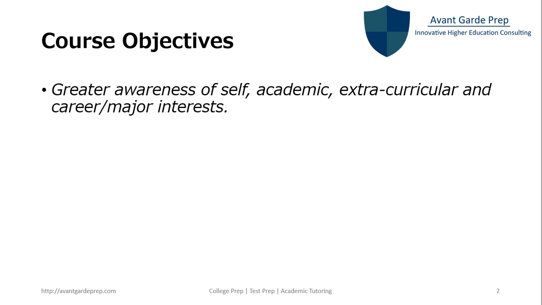So the idea is that with this information you're whittling down the things which you may want to eventually pursue in college and eventually as a career, whether that's affirming something that you do enjoy or eliminating something that you thought you may have enjoyed and discovered that you don't.